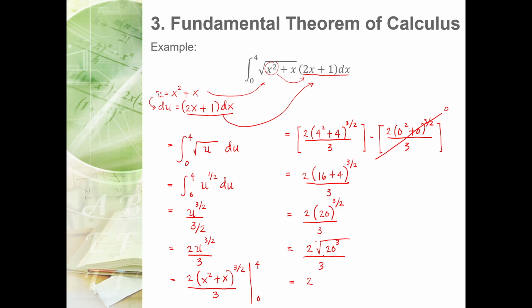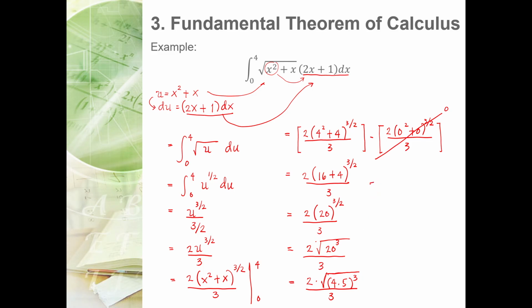Or if you want to make your lives easier, you can break down 4 times 5, di ba? So this one is 4 times 5, and then cube, di ba? All over 3.